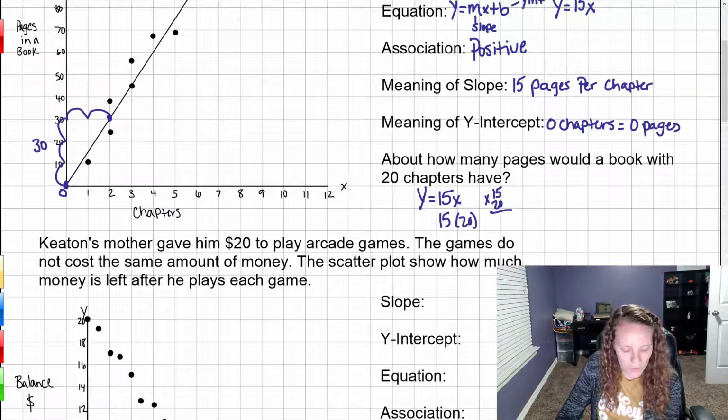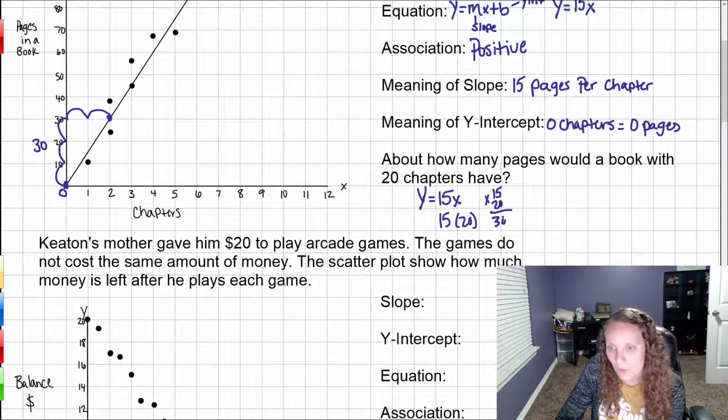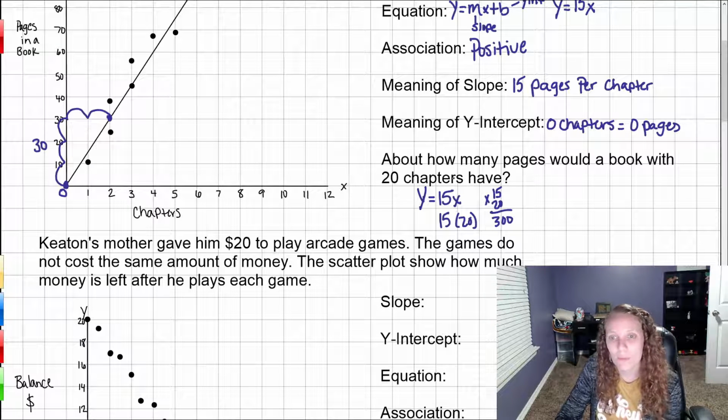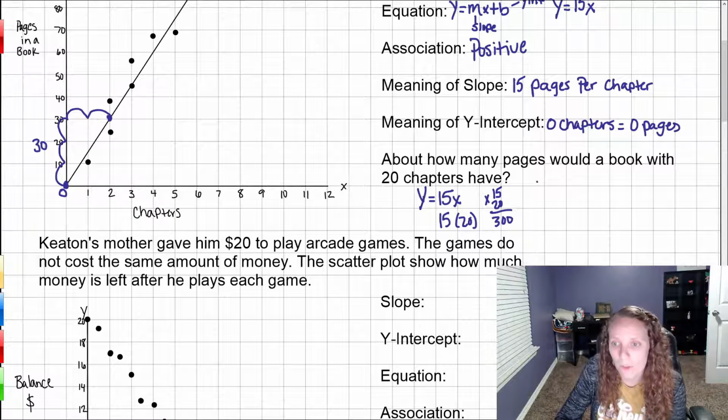Well, 15 times 20 is equal to 300. So we could estimate if there's about 20 chapters in a book, it would have somewhere around 300 pages.